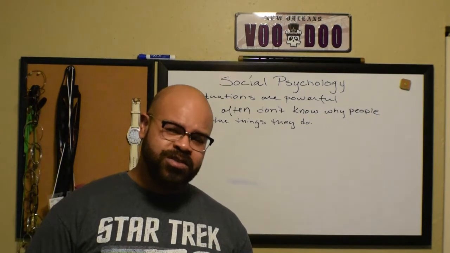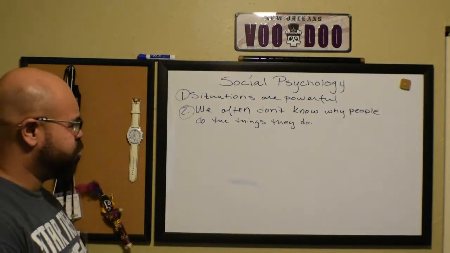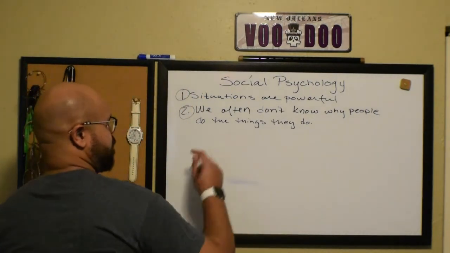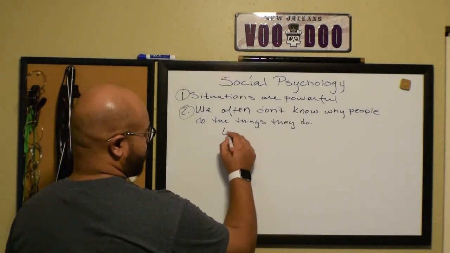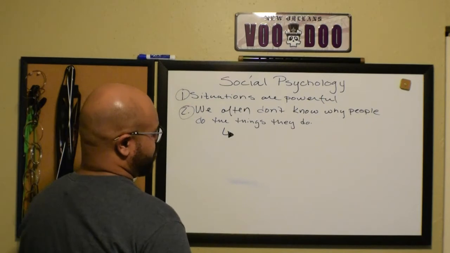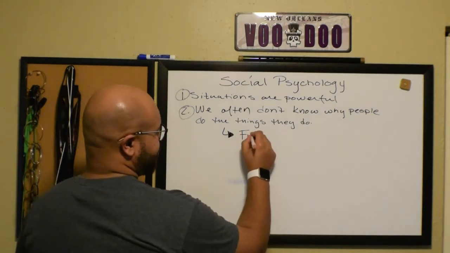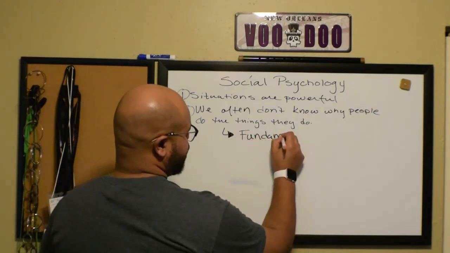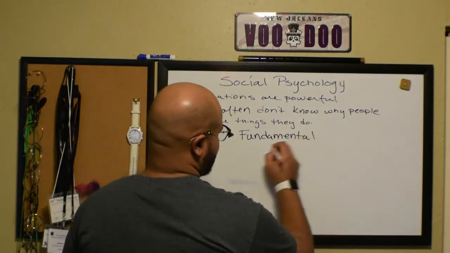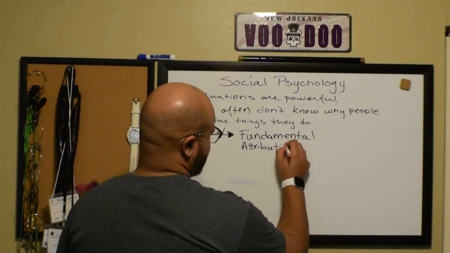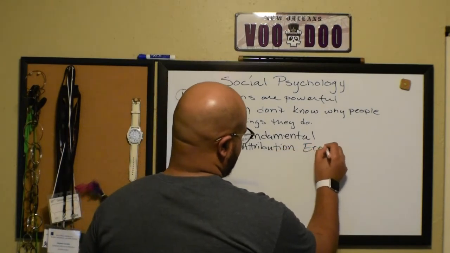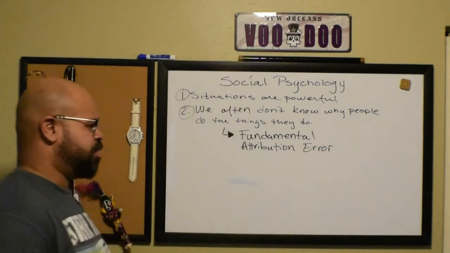In fact, we do this so much that social psychologists have called the way that we handle understanding other people's behaviors, or thinking about other people's behaviors, the fundamental attribution error.